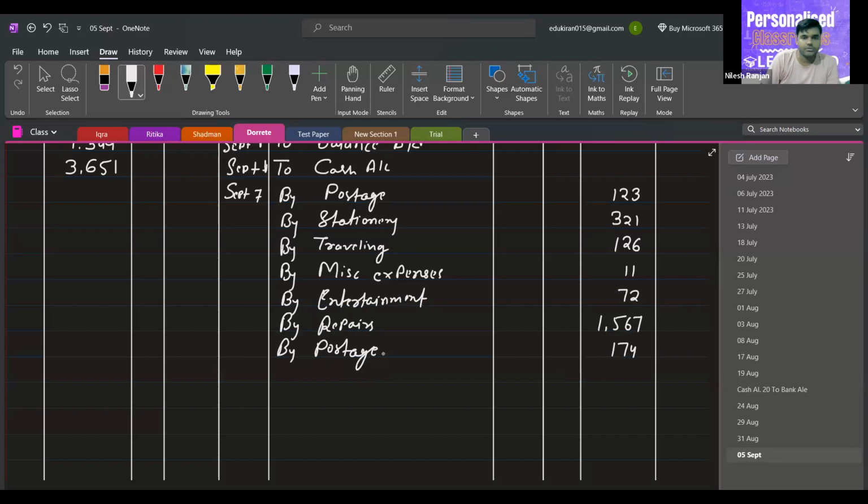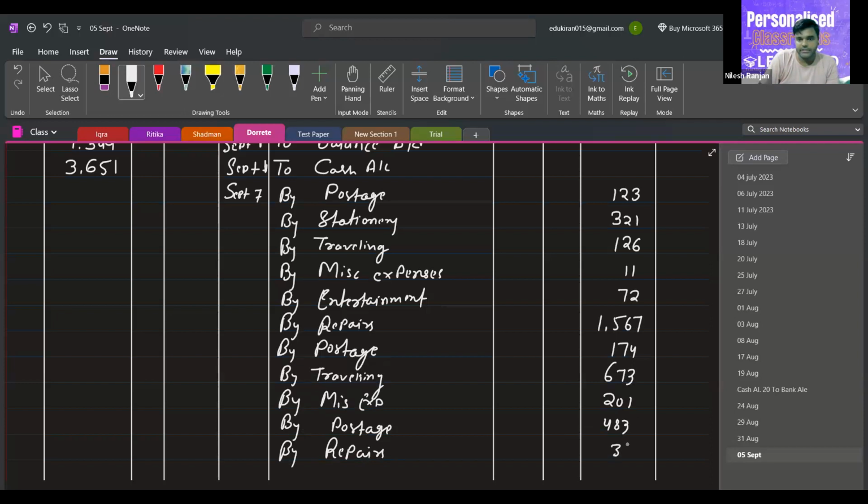It is also traveling, and by miscellaneous expenditure, by postage, and by repairs. So these are small expenses paid by the petty cashier: 673, 201, 483, and 30.